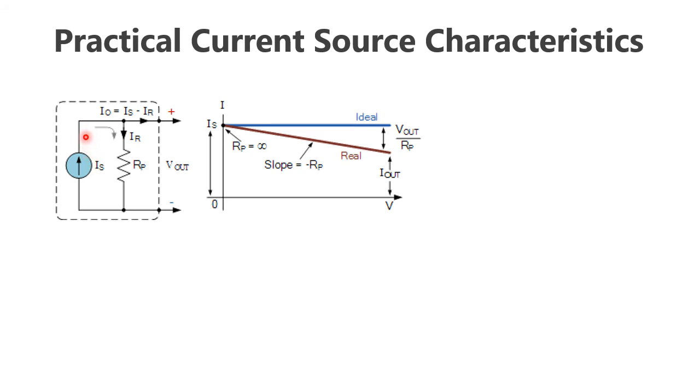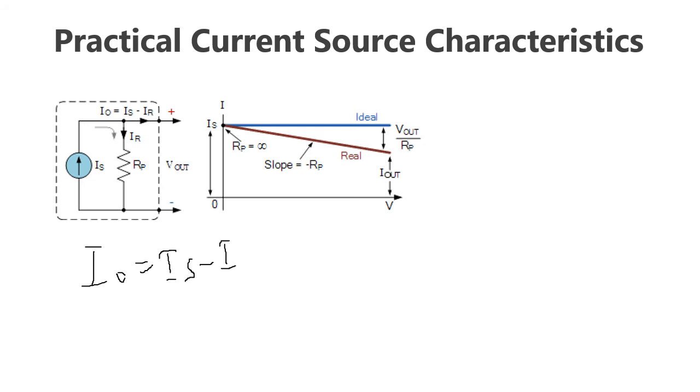The reason is IS will come like this, then at this point from this internal resistor a small amount of current will pass through this. So the IS is coming, the IR is leaving. So the resultant output current IO will be equal to IS minus IR.